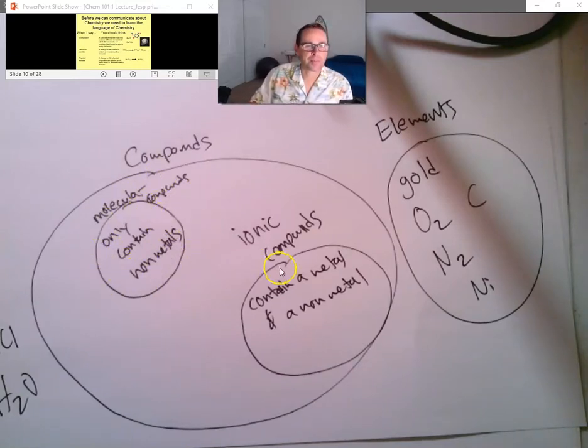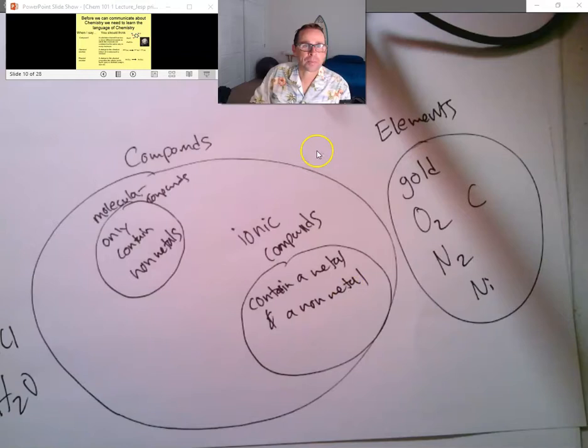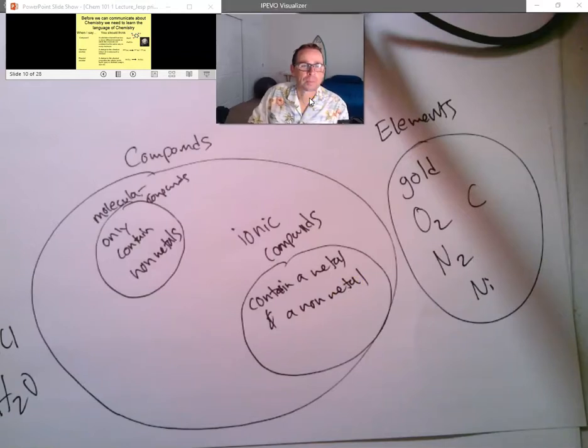And then the ionic contains at least a metal and a non-metal. That's right. Very good. And then is there one that contains just two metals? There are classes, courses that you take in college where you talk about metallic bonding and what we call inorganic.